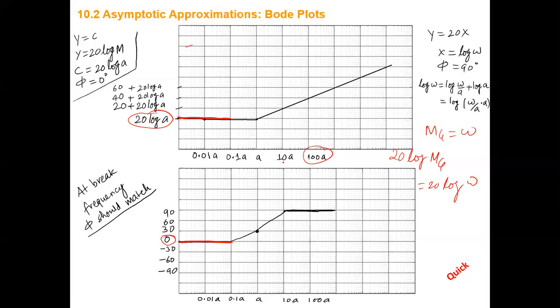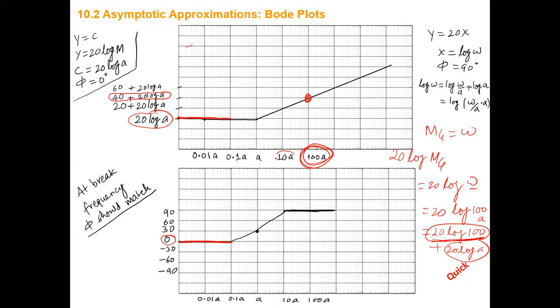Remember, your omega is 100 times A. So when your omega is 100 times A, you get 20 log of 100 times A. Can I rewrite this as 20 log 100 plus 20 log A, log property? This is 40 plus 20 log A. That's it. 40 plus 20 log A.